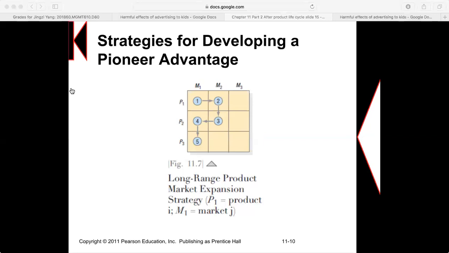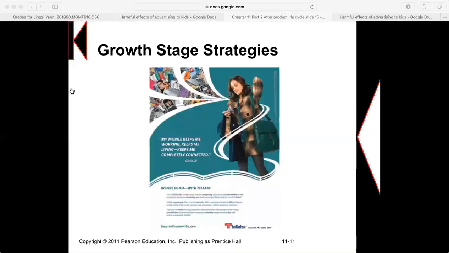When they enter the market, P1M1, they then move this product into a second market, P1M2, expanding. Then they surprise the competition by developing a second product. You keep your competition off guard, because if they know what you're doing, they can pretty much knock you out of the box.